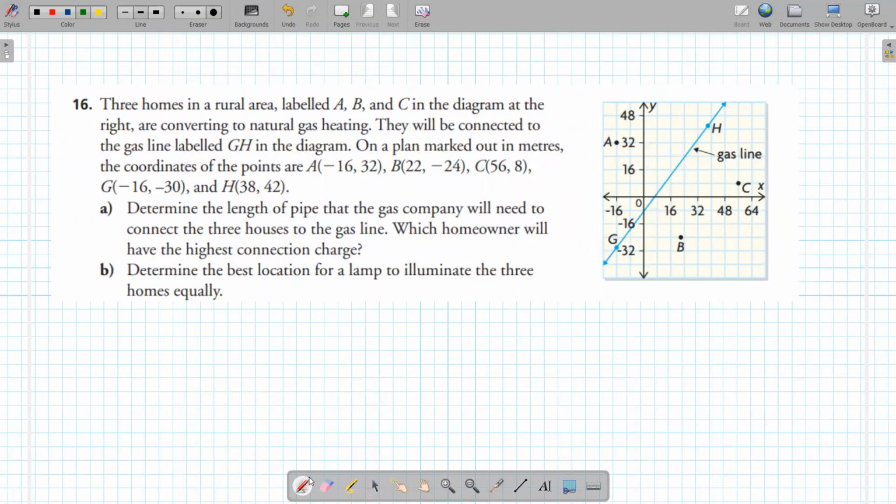So we're given 4 points. Doesn't matter. So what are our lines? So A, B, and C. We need these 3 points to be connected to the gas line.